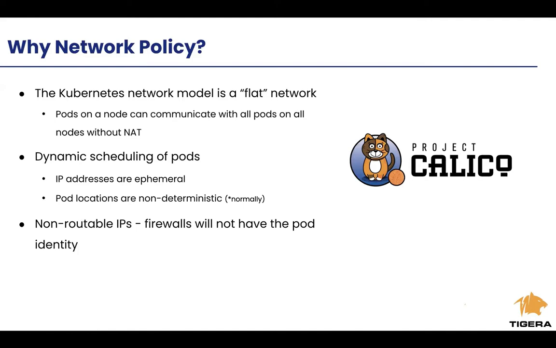So there's no deterministic way to pinpoint the pod network and traffic based on specific IPs. So those all lead us to the reason why we need Kubernetes network policies, because using traditional firewalling to secure your application is not going to really work because of those reasons.